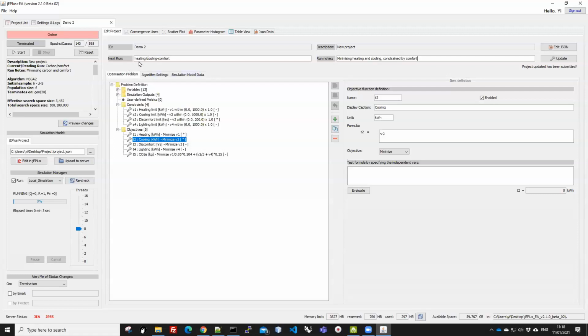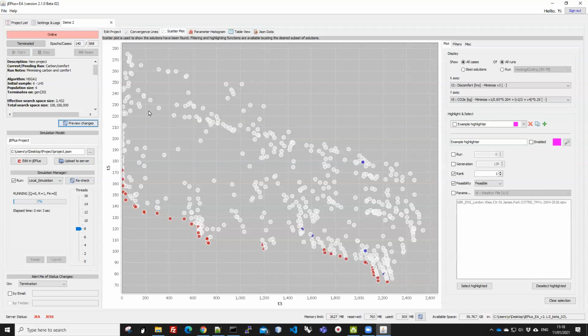Okay, so this is our latest formulation of the optimization project. Now we update it again, apply changes and start running. And let's see how this chart will change now.